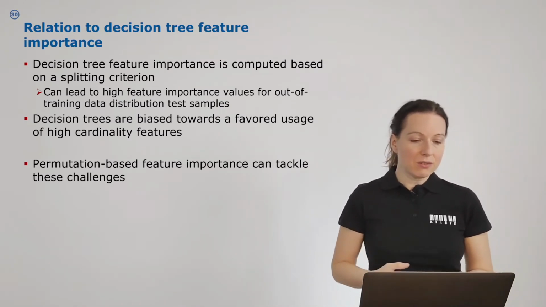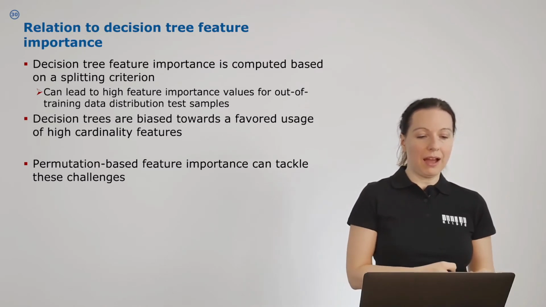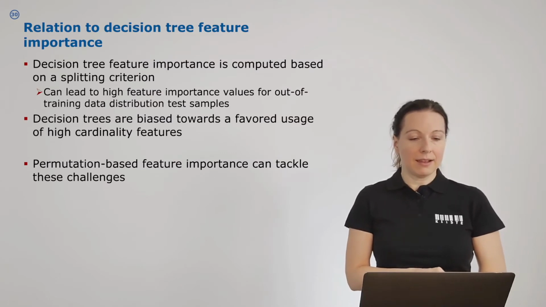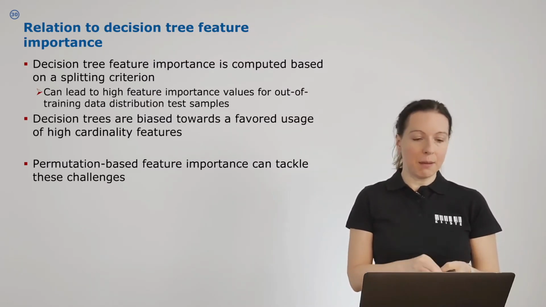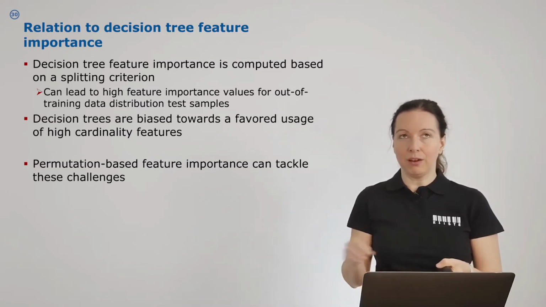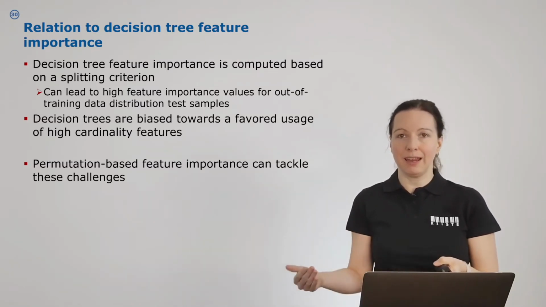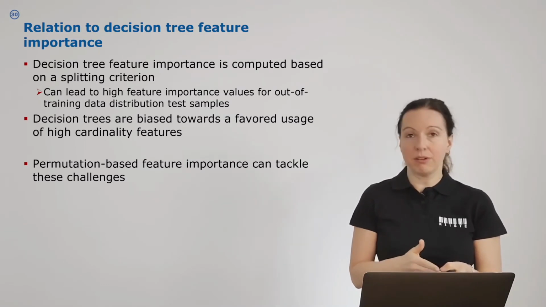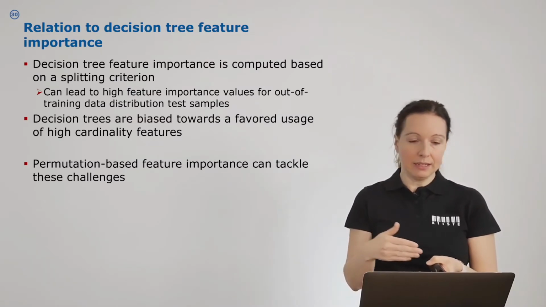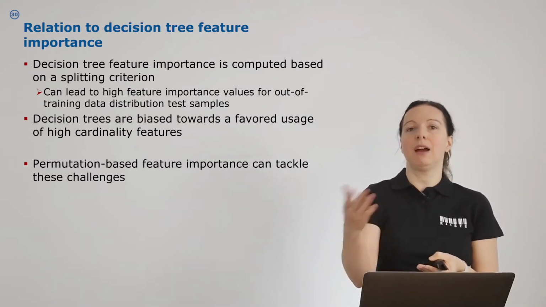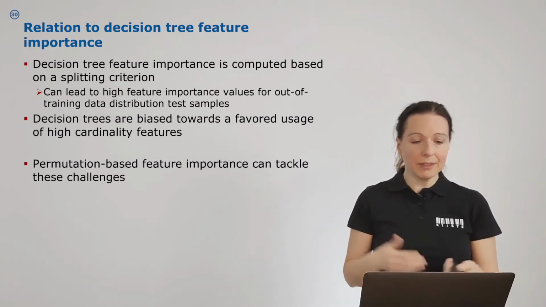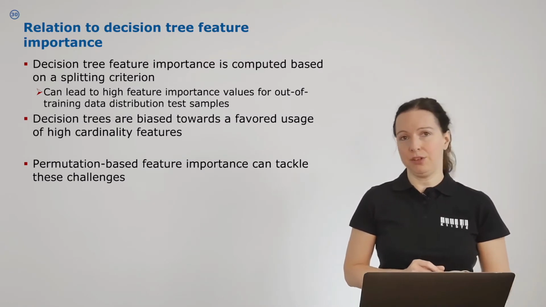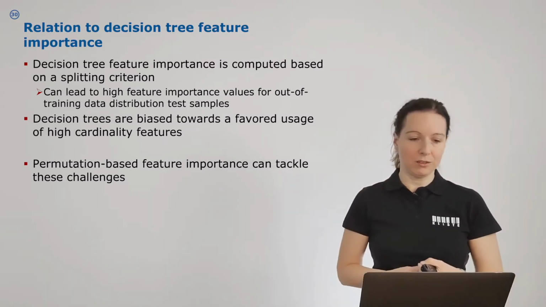That's a problem because it's totally misleading. Decision trees are also biased towards the favored usage of high cardinality features. High cardinality means the number of values the feature can take. So binary features have a low cardinality, and continuous features have a high cardinality. Decision trees tend to use these high cardinality features more for the decision and the splitting.